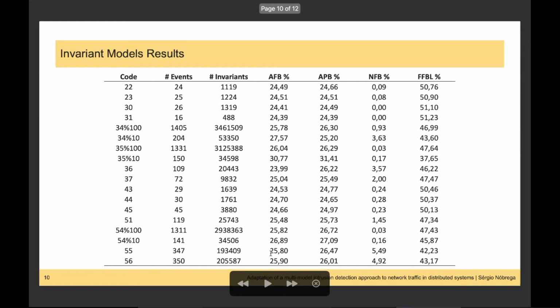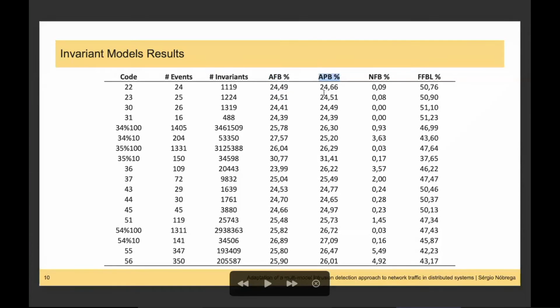For the invariant results, there's not much to say. So here you have the distribution of all the types of invariants. You can see that throughout all the definitions of events, the distribution is more or less the same. The always followed by invariants are around 25%.